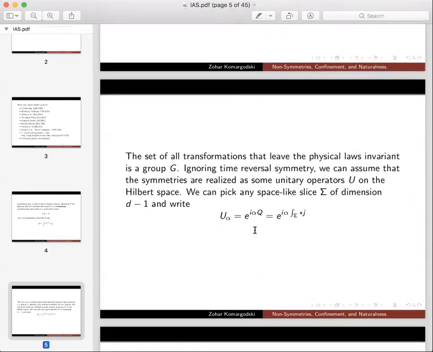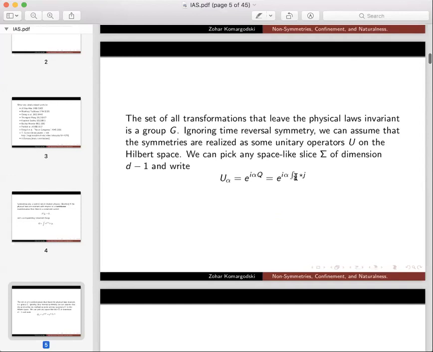Now in quantum mechanics, these charges are promoted to unitary operators on the Hilbert space. So unitary operators U act on the Hilbert space. If the symmetry is continuous and we have Noether's theorem, we can write a very explicit expression for these unitaries, which depend on some transformation parameter alpha in this way.